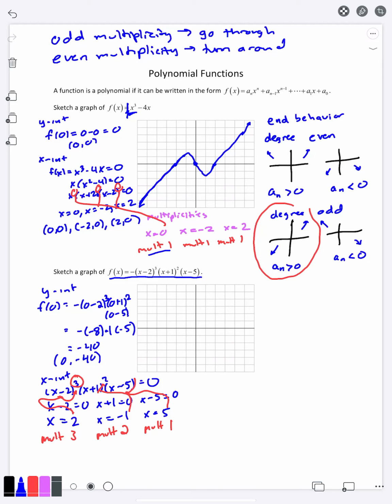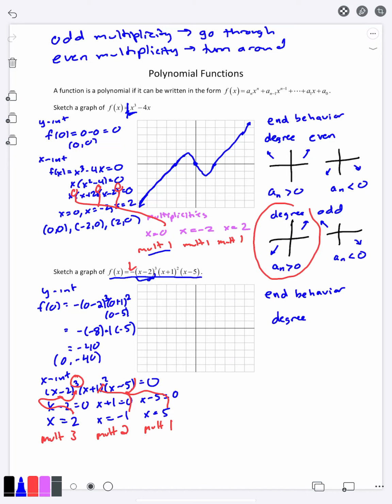Then the third thing we want to take into account is the end behavior here. Now we need to know what my degree is and my leading coefficient. Well, we do see there's a negative 1 in front, so the leading coefficient is negative, but you might have a hard time finding your degree here because it's in factored format. So just think about this.